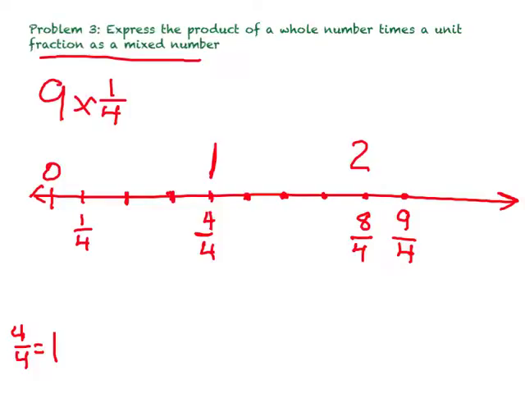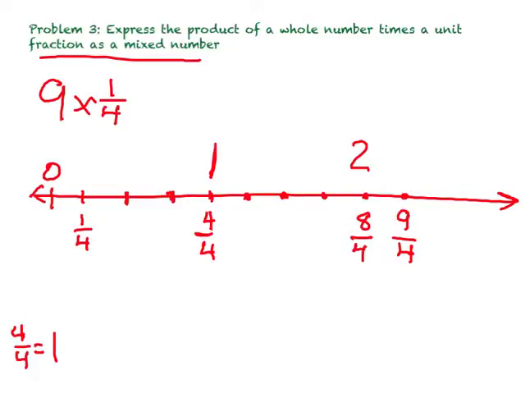So let's count this out. If we count this, we would see 9/4 would equal 1, 2, 3, 4, 5, 6, 7, 8, 9/4. But we want to show this in the form of a mixed number.